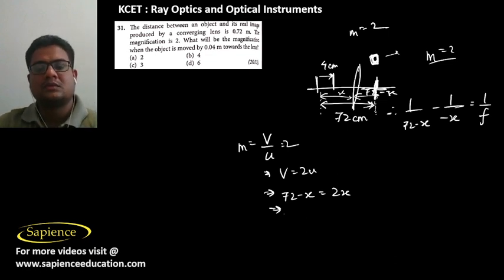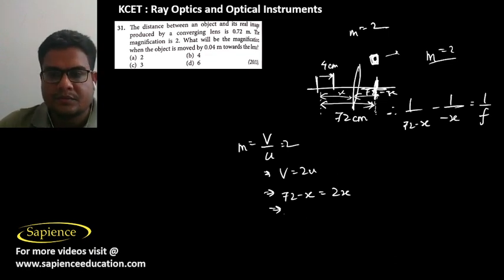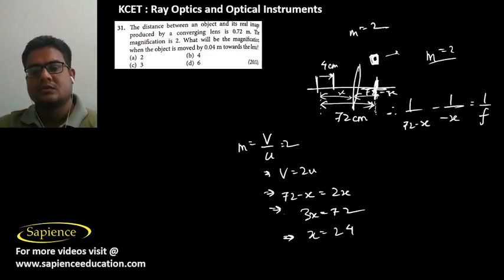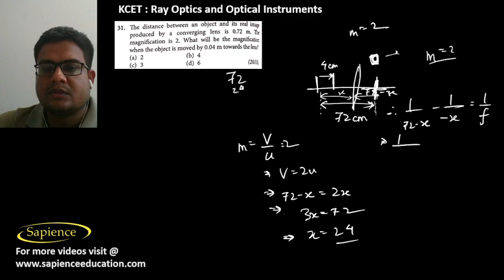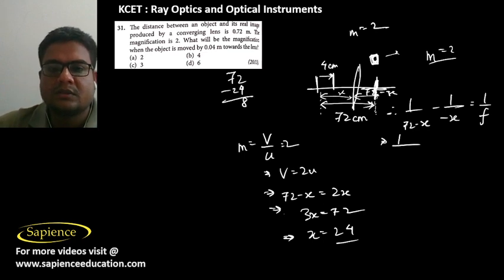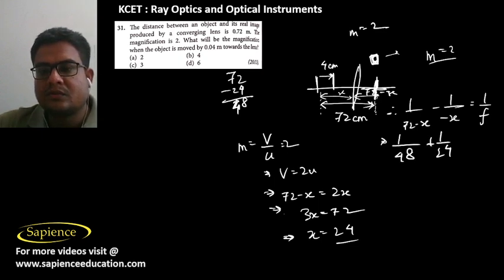So this will be 3x equal to 72. So therefore, x is equal to 24. This will be 1 by 72 minus 24, that is 48, plus 1 by 24, that will be equal to 1 by f.